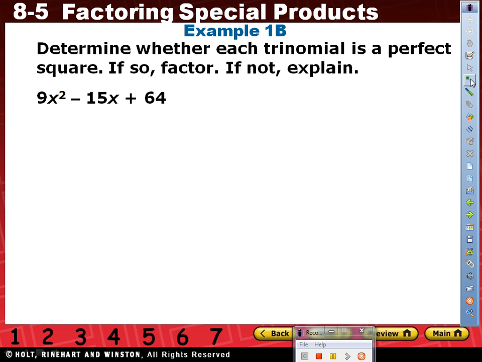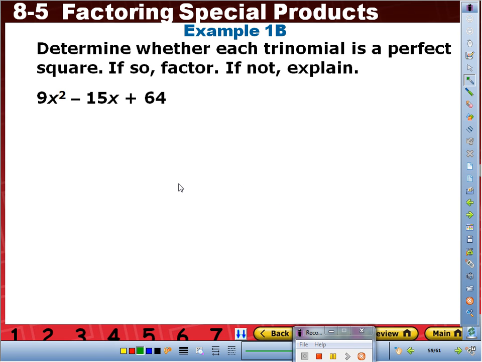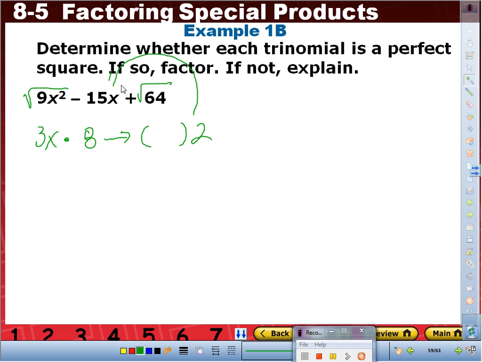So let's see, how can we check to see if this is a perfect square trinomial? To see, we start with the square root of the first, right? What is that? 3x. Square root of the last? 8. So then we multiply, and whatever we get, we double it, and that should give us the middle term. So let's see. What is 3x times 8? 24x. What is 24x times 2? Is that this?